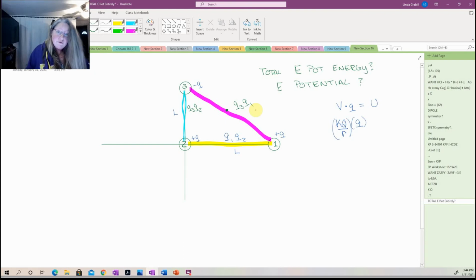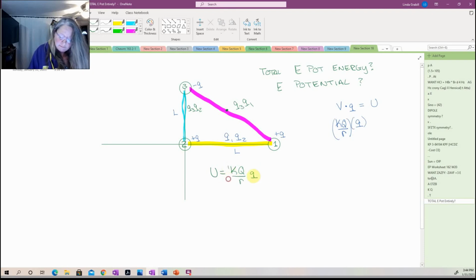I have told you that 2 of them are positive and 1 of them is negative. So my potential energy for this system is going to be the potential of each. I can't forget my K. This is going to be kQ over r times the Q I'm interacting with, and I want a sum of this.